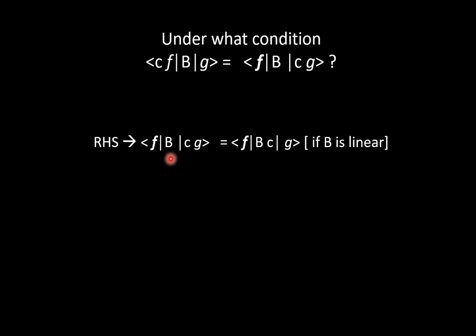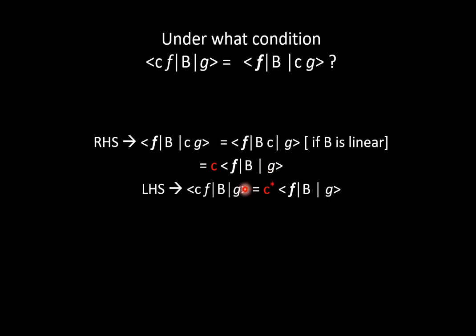Now B(cg) is equal to c B g, provided B is linear. That is the property of a linear operator. And then what next? Now c is a constant, so it can come out of the integration. So c ⟨f|Bg⟩. This is the right hand side.